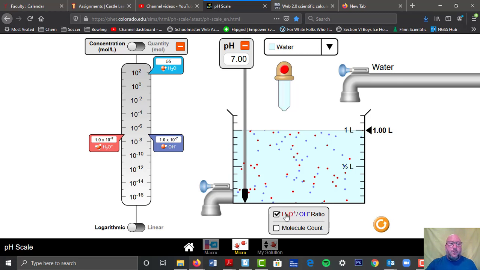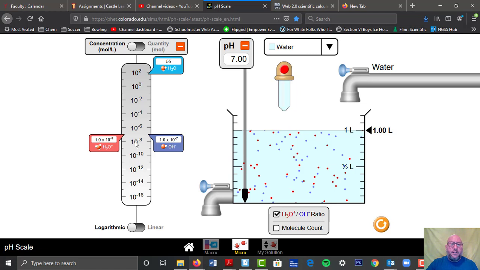So remember, the proton donor is the acid, and the proton acceptor is the base. And what that results in is H3O plus and hydroxide ions in equal concentrations, which is molarity, of 1 times 10 to the negative 7. So both of these ions have concentrations of 1 times 10 to the negative 7.